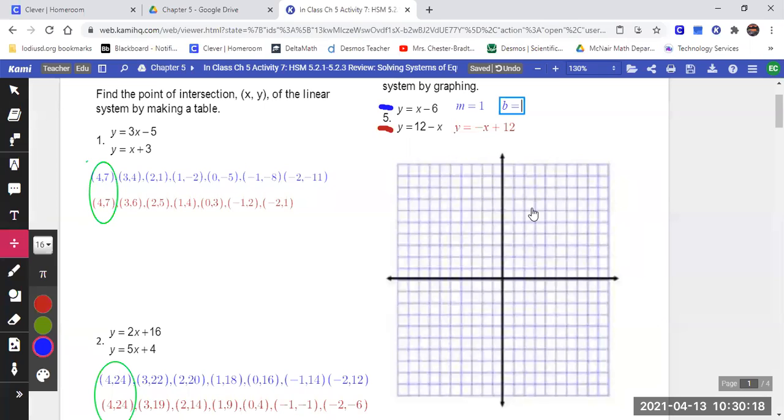Remember, because our format goes y equals mx plus b, right? That's our format that we're looking for. So what is the b for the first equation going to be? The number at the back of the first equation is what? Because b is what's tacked on, yeah, negative 6.